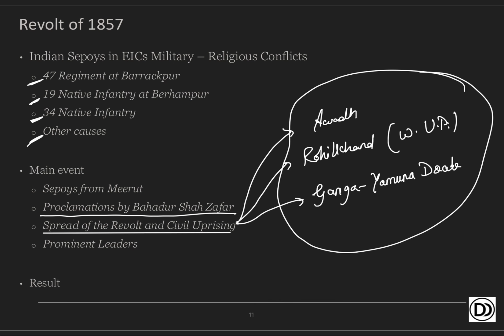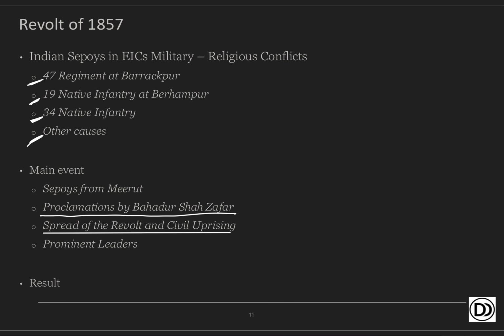The rebellion spread to other parts of the country within a month. Different rulers and leaders took command of this revolt in different regions. For example, in Delhi, the command of the army was taken by General Bakht Khan.